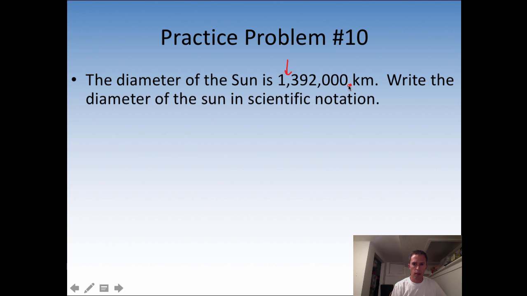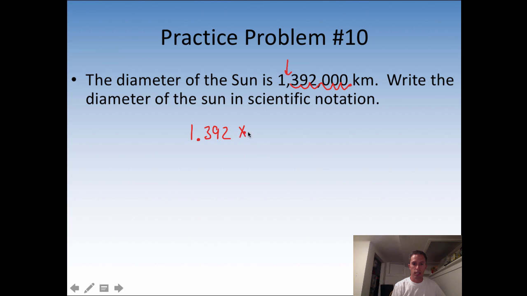Now let's count how many times we need to move that decimal. So 1, 2, 3, 4, 5, 6. We need to move that decimal place 6 times. And so our coefficient in this case will be 1.392. We don't need to write all these zeros because they'll be taken care of for us with the exponent.